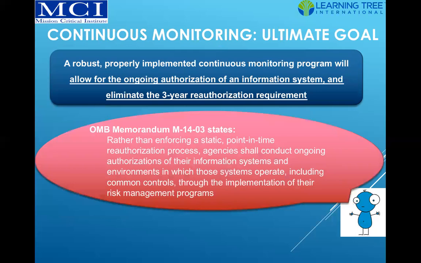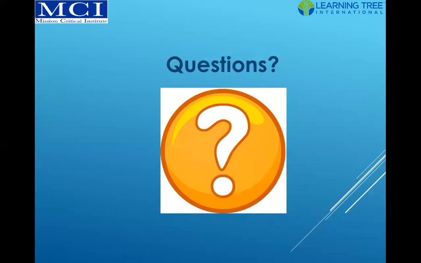The OMB Memorandum M-14-03 states: rather than enforcing a static point-in-time reauthorization process, agencies shall conduct ongoing authorizations of their information systems and environments in which those systems operate, including common controls, through the implementation of their risk management process.